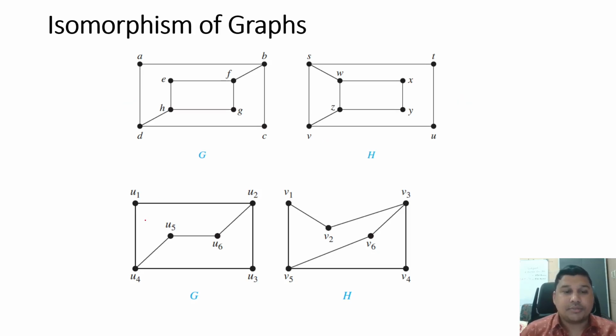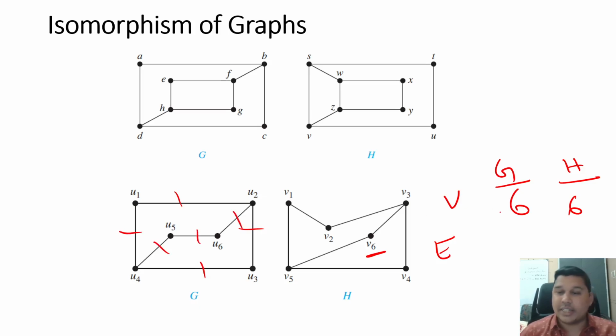Okay, then see this example, the third example. Find out the number of vertices. Anyhow, numbering is given to us. So the number of vertices in G and in H is 6, here also 6. Edges: if you see, 1, 2, 3, 4, 5, 6, 7 edges. Here also 1, 2, 3, 4, 5, 6, 7 edges. The number of vertices and number of edges are the same.